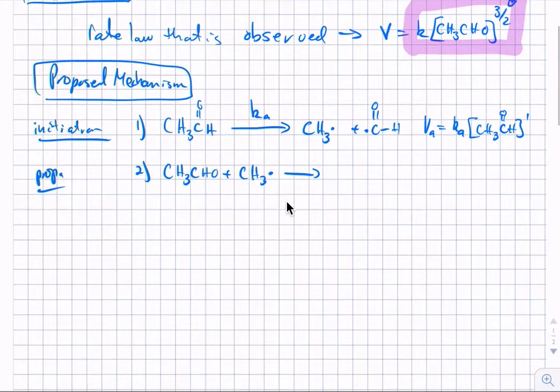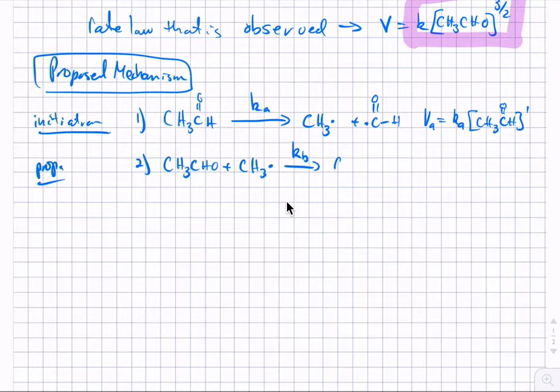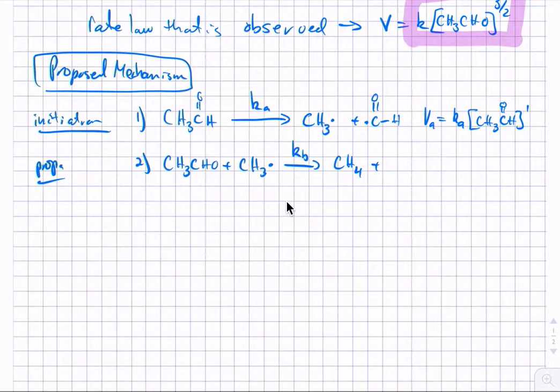We'll call this Kb, and out of this we'll end up getting methane. In other words, a proton left the aldehyde and is attached now to the methane, and we're left with the radical that's of what is left from the aldehyde.